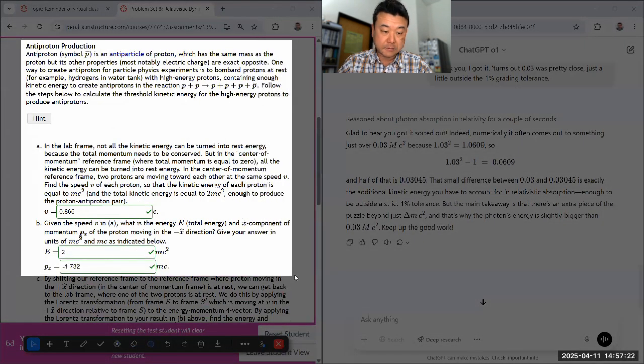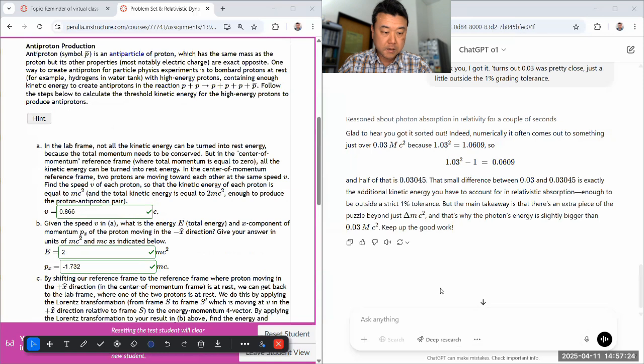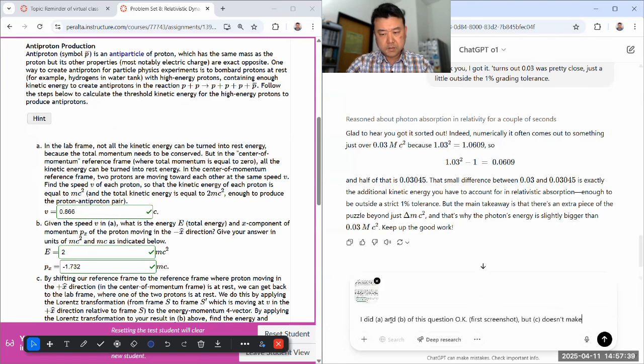But I'll just play confused and say, I did A and B of this question, but C doesn't make sense to me.